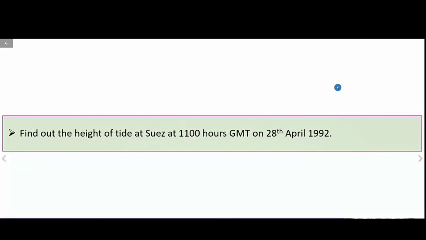So everybody open up your tide tables. Let me know where this port lies. Sir, it comes in Volume 2, page number 111. Very good. Let others also calculate, others also find out.